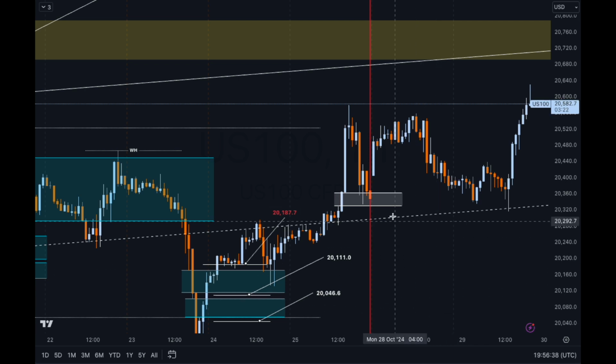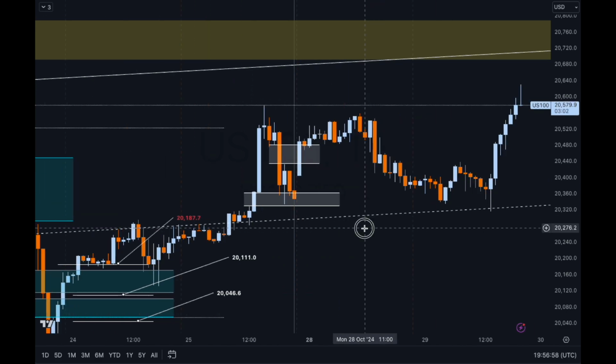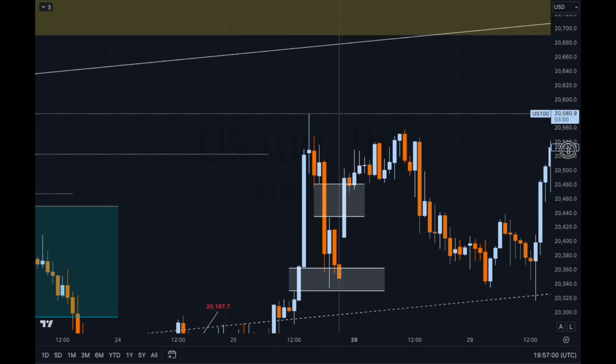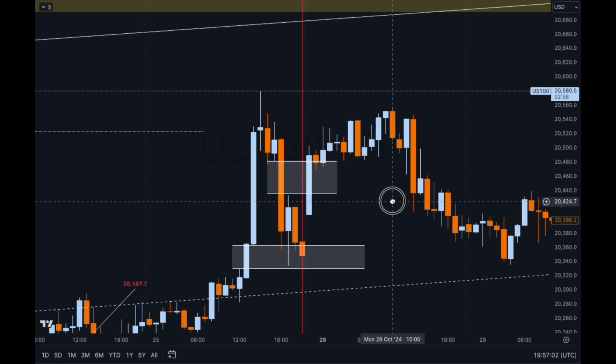In Sunday's video, I mentioned this FVG over here, if price moves away from it, which it did. And then I also mentioned this FVG over here as well. And I said if price taps into it and begins to move away from it, you could possibly think about taking shorts. So the process to executing this area over here was relatively simple.